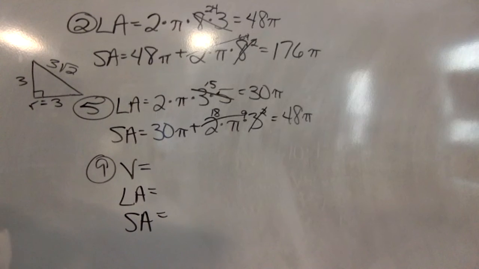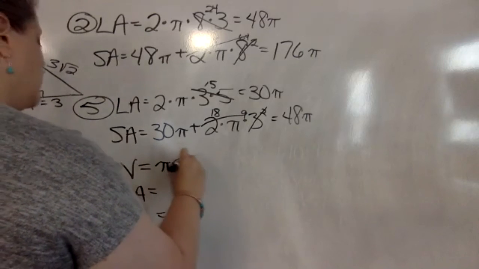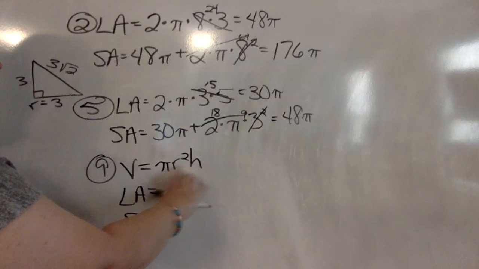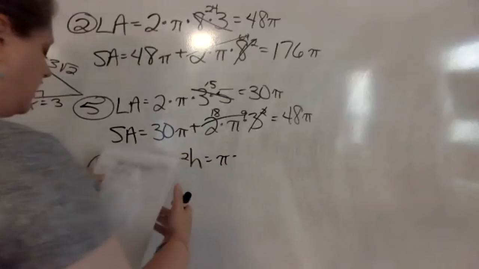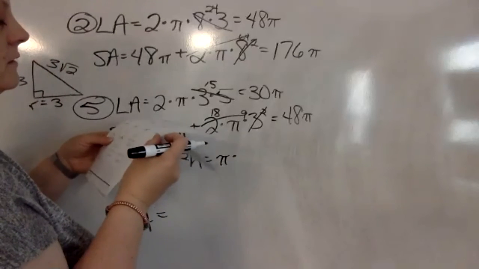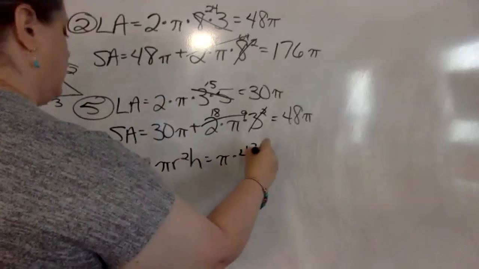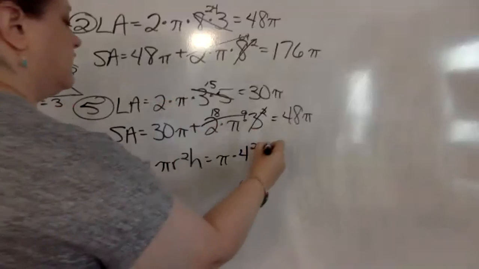For your volume for a cylinder, it was pi times the radius squared, the area of the base, which is a circle, times the height. So you would have had pi times the radius, which was, is that a 4? Looks like it. Yeah. Squared times 6.